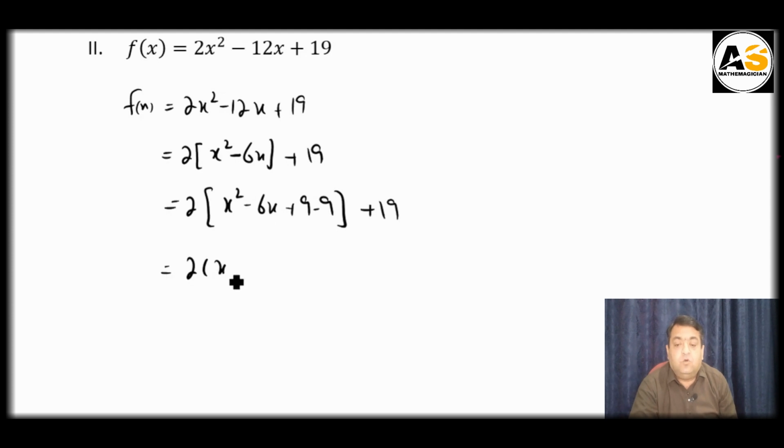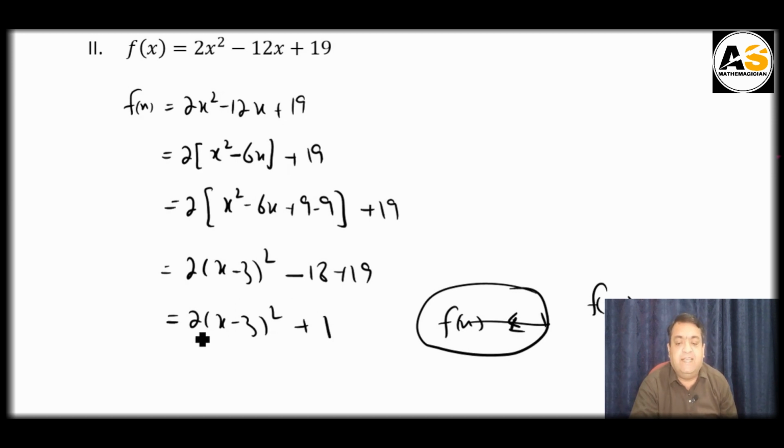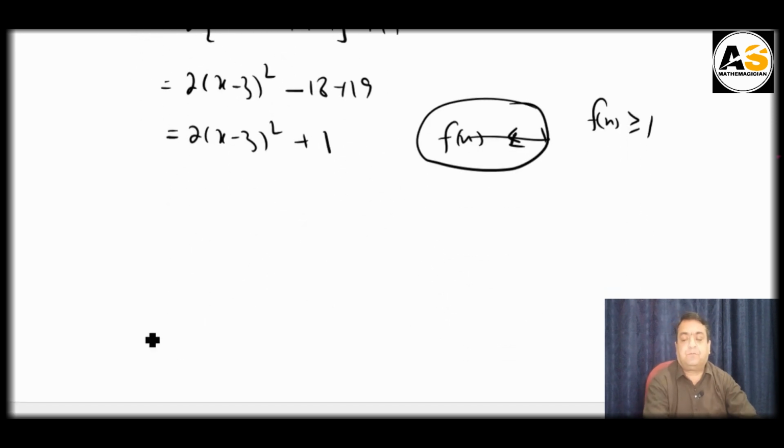This will be 2 times x minus 3 whole square minus 18 plus 19, and this is equal to 2 times x minus 3 whole square plus 1. So f of x is less than equal to 1, sorry, greater than or equal to 1 will be its range, because a is again positive over here.